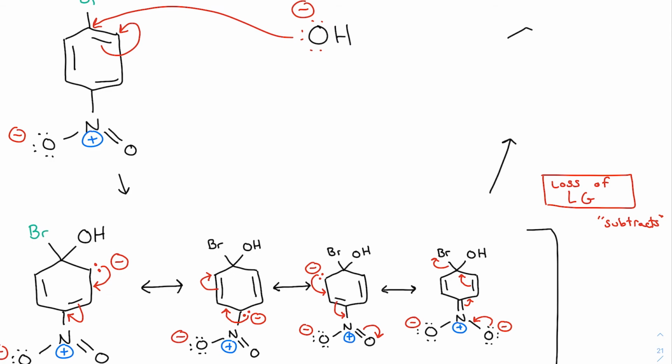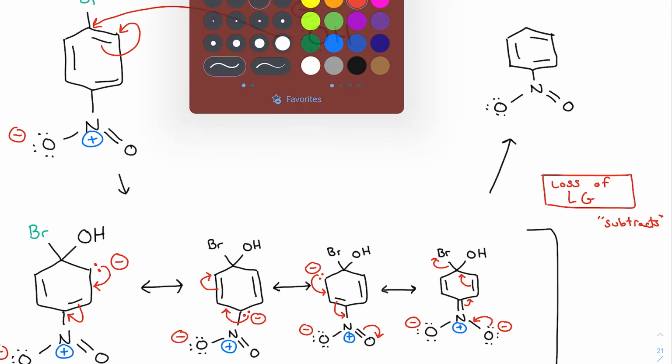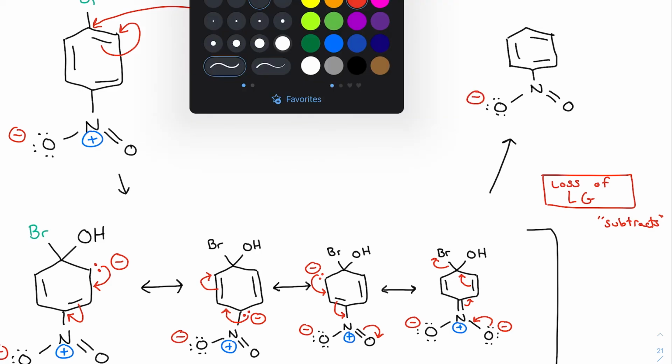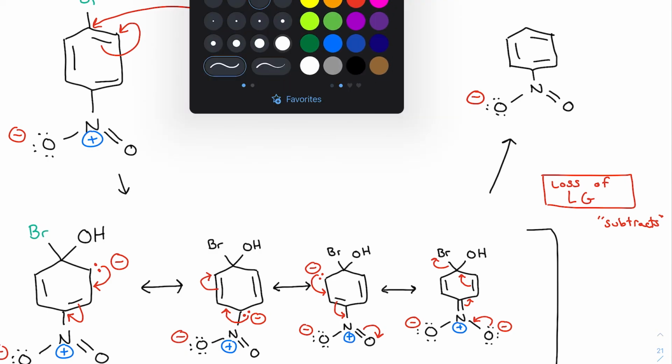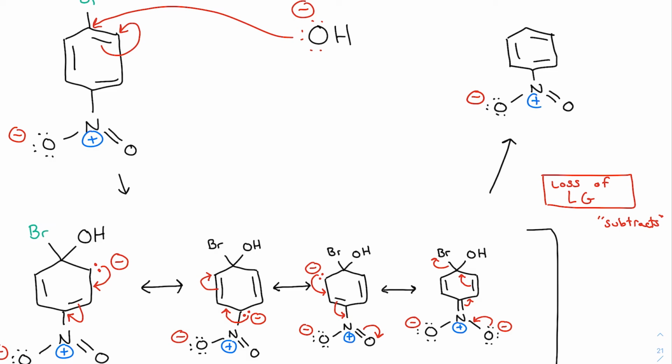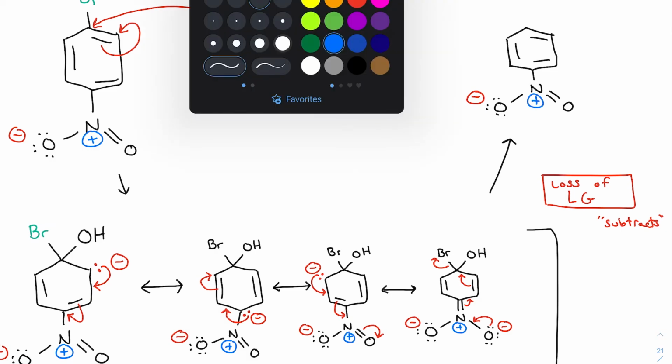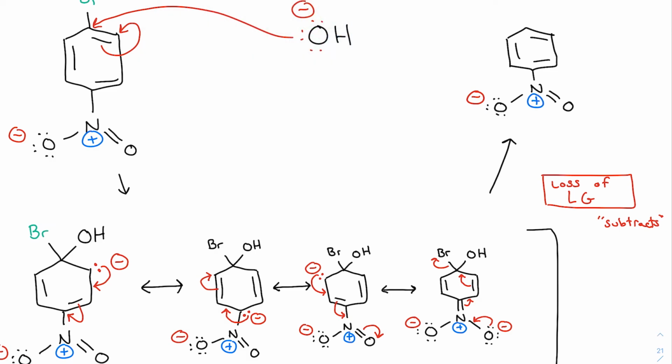And you're left with an aromatic ring. So now you have all three bonds in the ring. You have your original nitro group, exactly how it was before. But instead of a bromine, you've replaced, or substituted, it with your nucleophile.